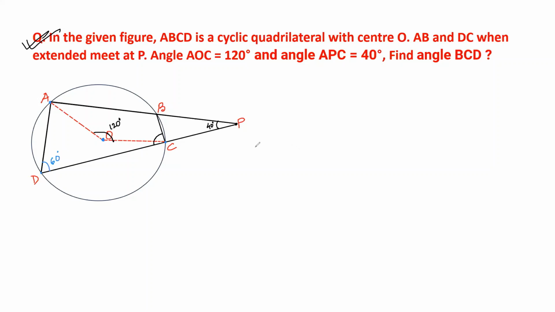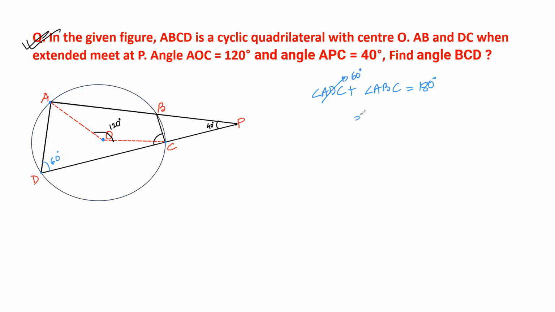Now, for a cyclic quadrilateral, we know that the opposite angles of a cyclic quadrilateral are supplementary. So angle ADC plus angle ABC would be 180 degrees. And angle ADC we know is 60 degrees.